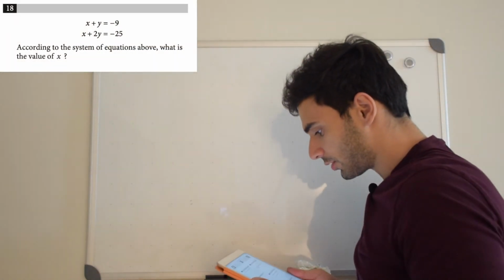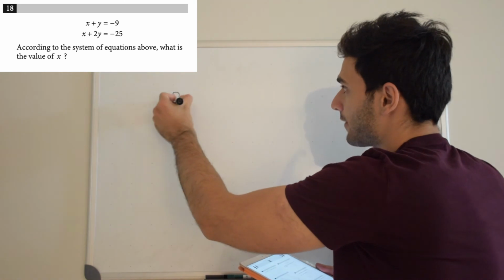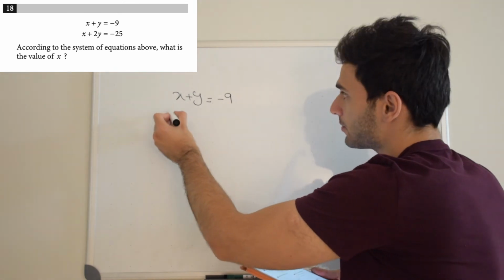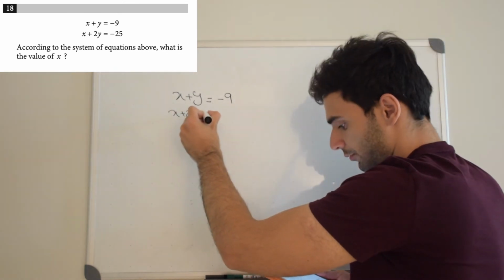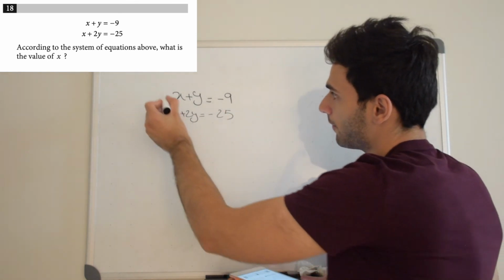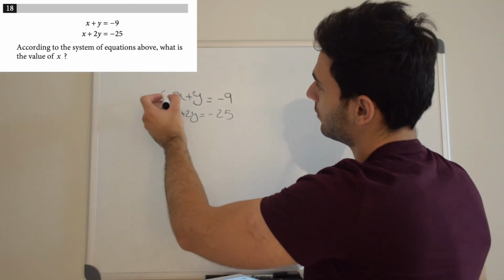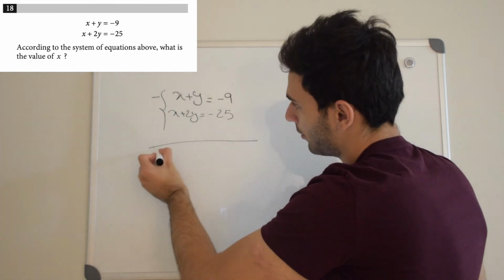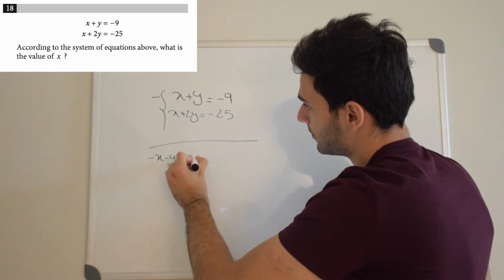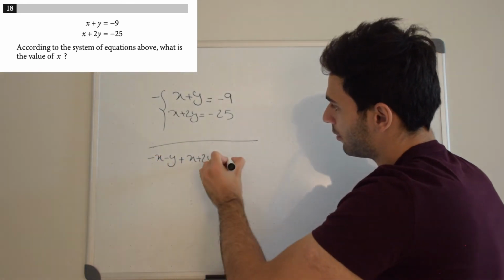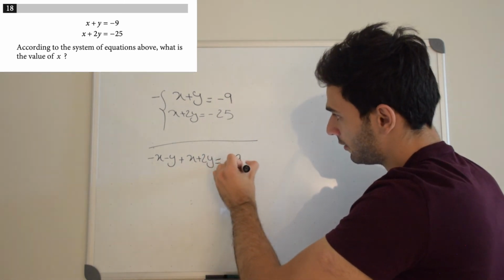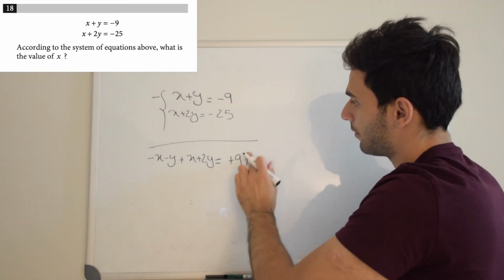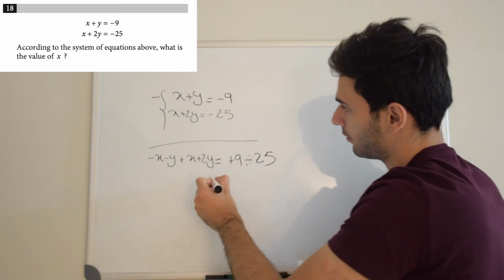According to the system of equations above, what is the value of x? So we have x plus y equal to -9, and x plus 2y equal to -25. Well, I'm just going to subtract this one from this one. So I'm going to write -x minus y plus x plus 2y equal to +9, because the negative also affects this one, minus 25.